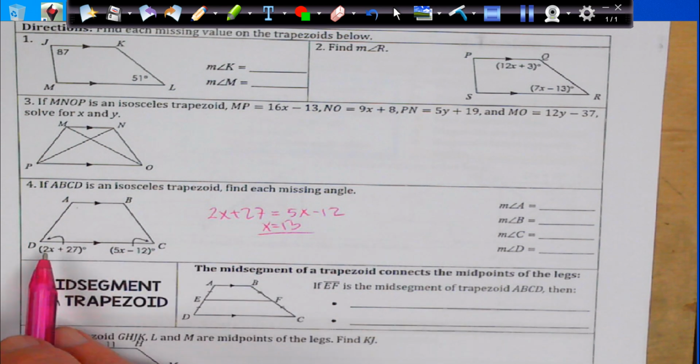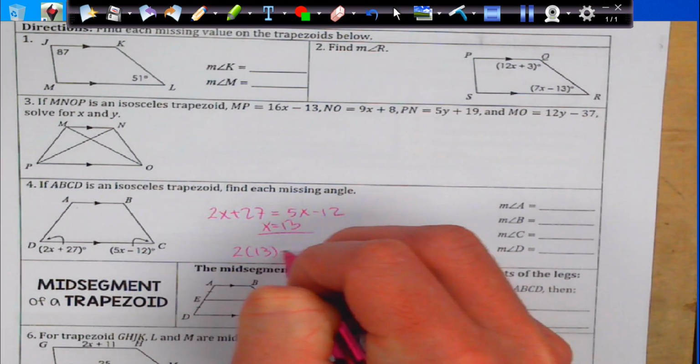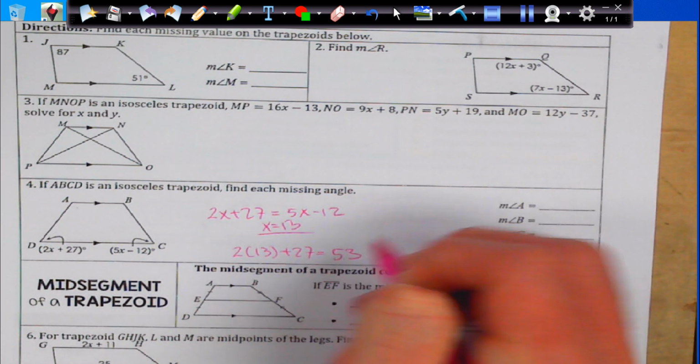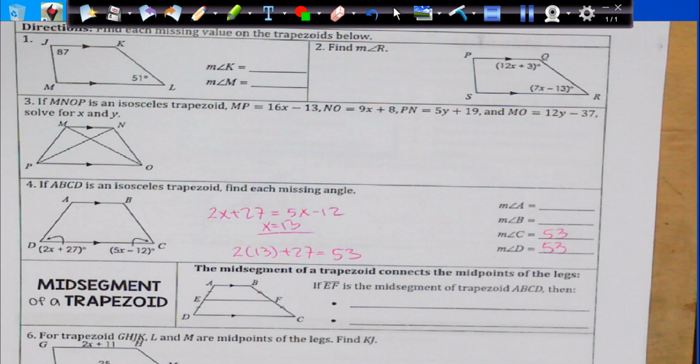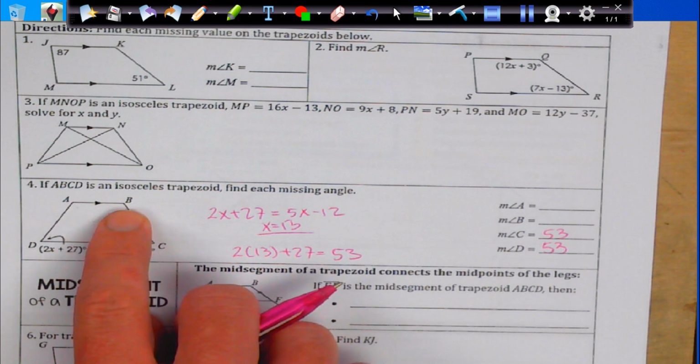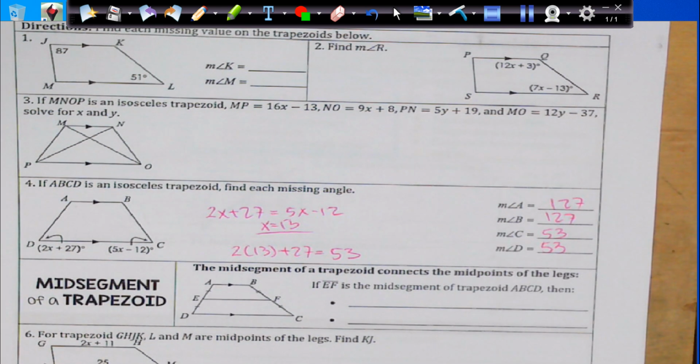So if I can find this angle, I can find the other angles pretty easily. So I do 2 times 13 plus 27, I get 53. So D and C are 53. And then the other two angles have to be supplementary to that, which makes them 127, because those add to 180.